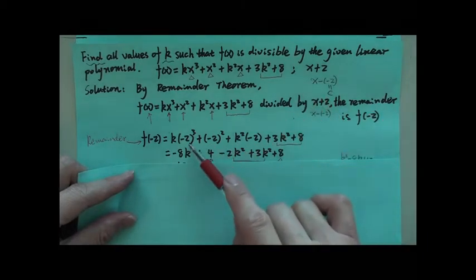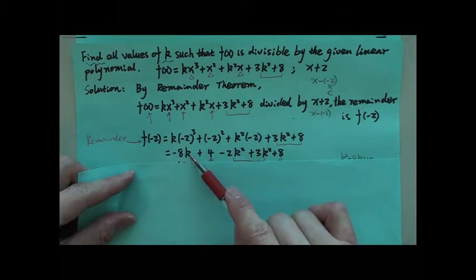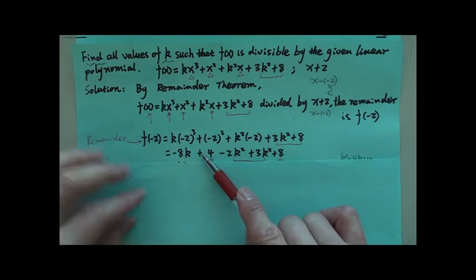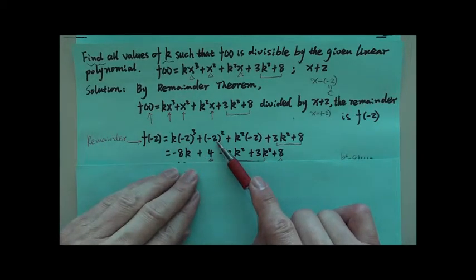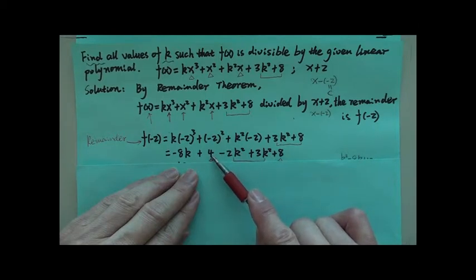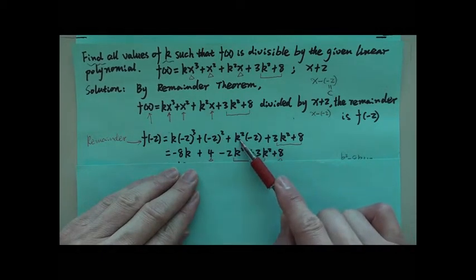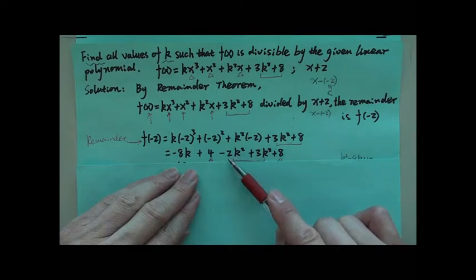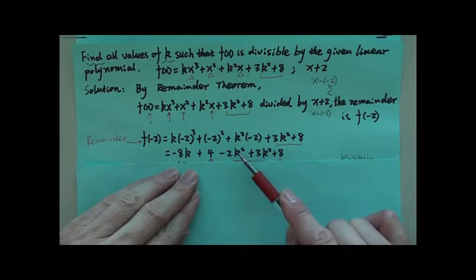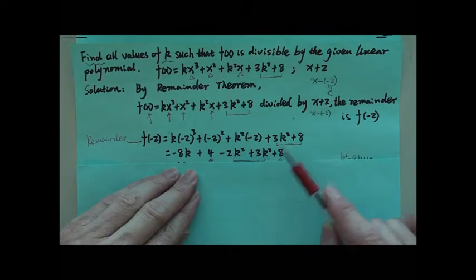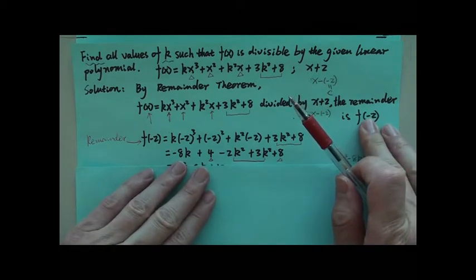Now negative 8k, plus negative 2 squared, which is positive 4, then negative 2 times k squared, that's negative 2k squared. Copy this one down here, 3k squared plus 8.